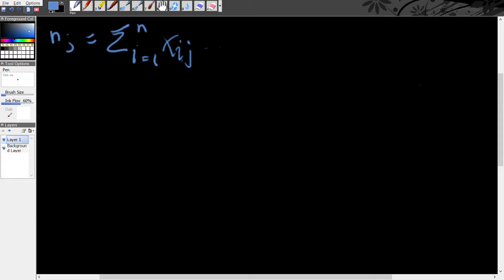Now we don't really want nj, we want nj squared. So this is quite useless to us right now. We need to square it. So nj squared, by our definition, would be equal to this thing squared, the entire sum squared.